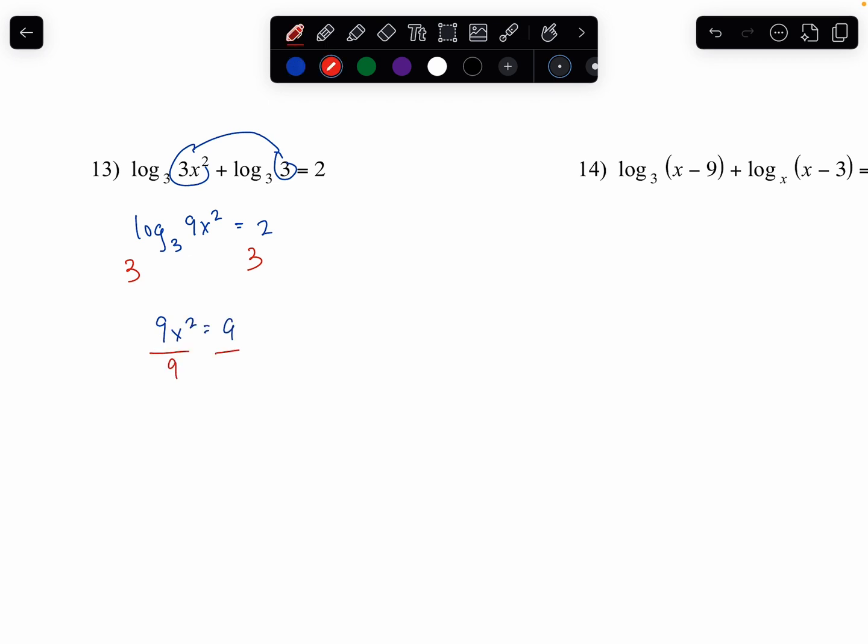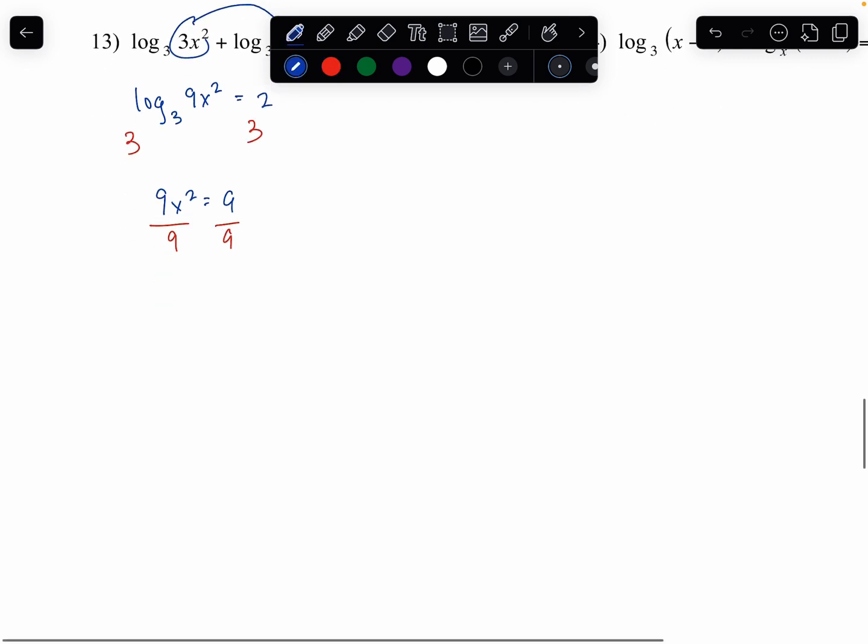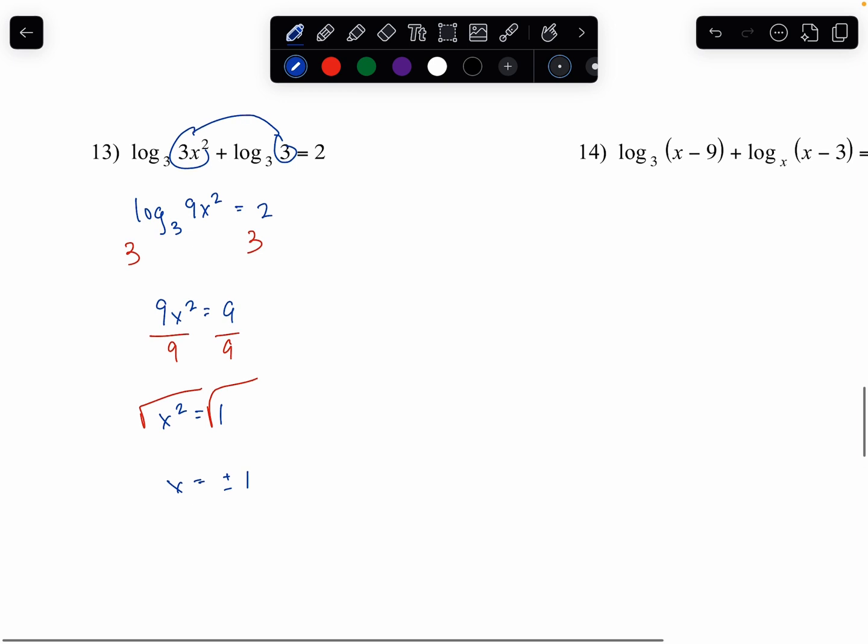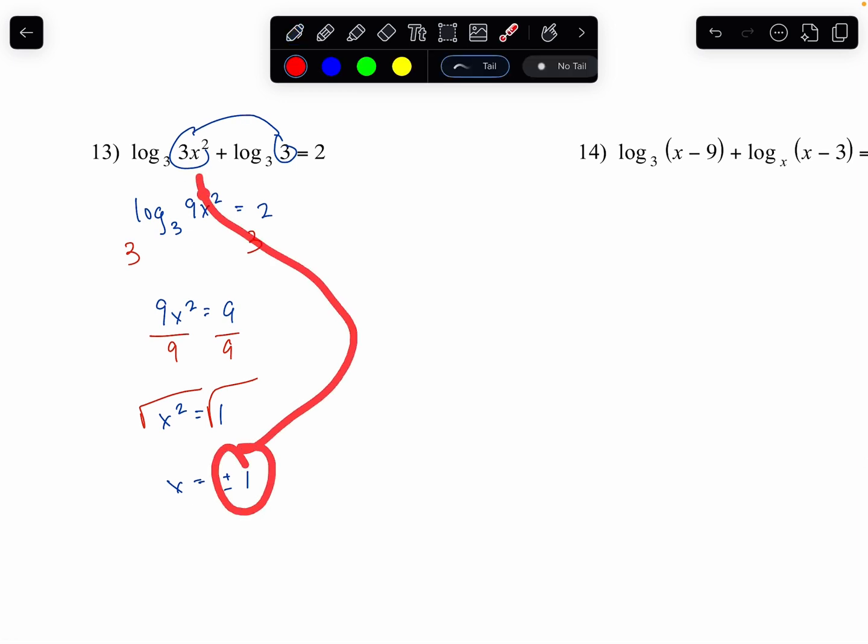This is an easy quadratic for once. So divide by 9, I get x squared is equal to 1. Take the square root, and I get x is equal to plus or minus 1. Now just to check, if I plug in 1 or negative 1 right here, it's being squared, so that becomes positive, so both work.